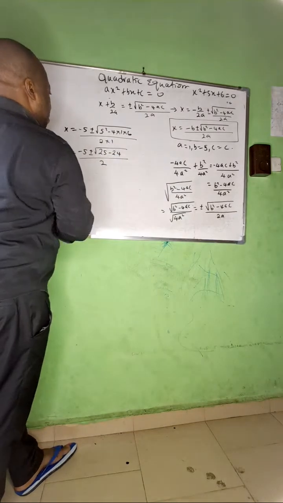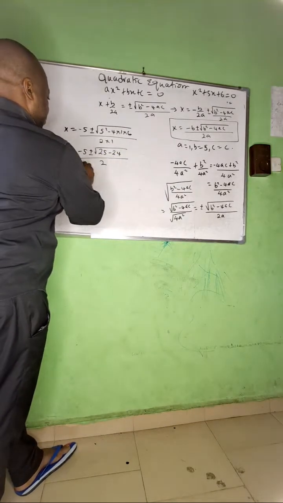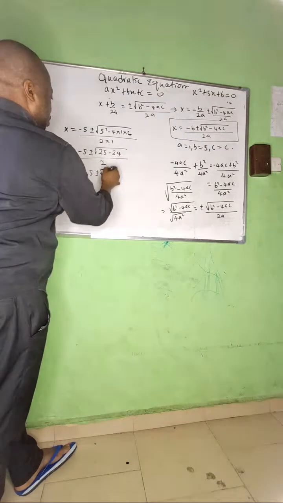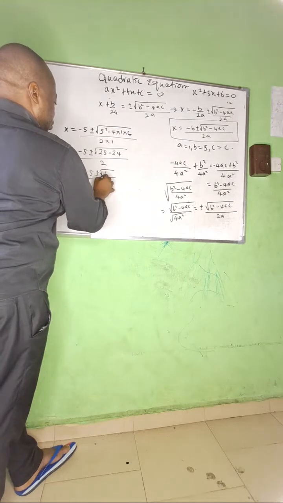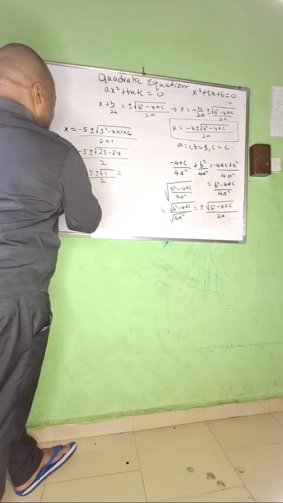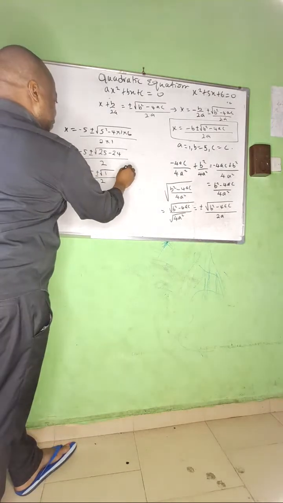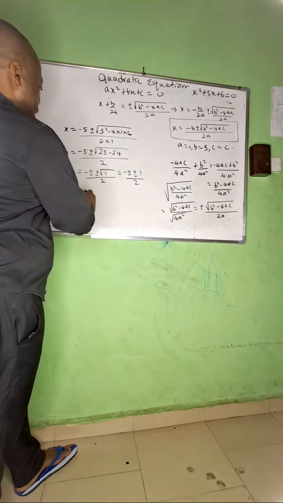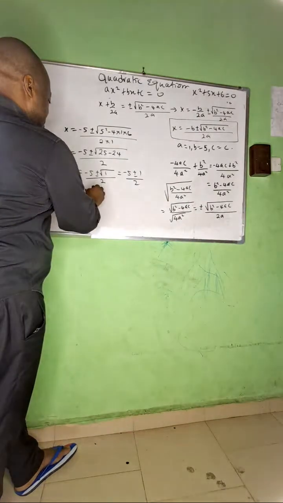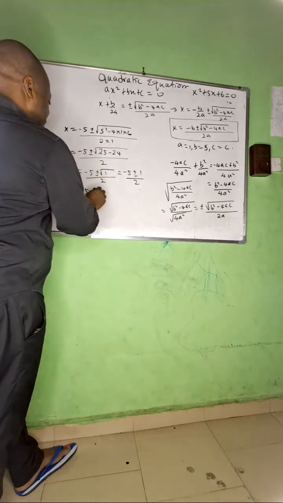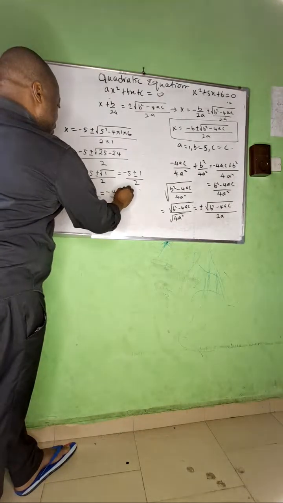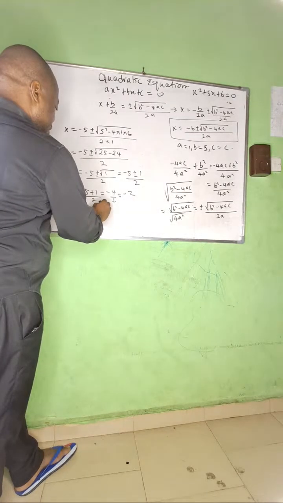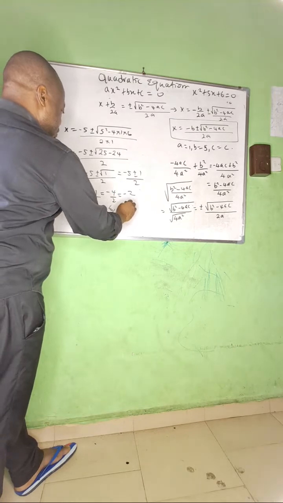So we have negative 5 plus or minus square root of 1, which is 1, all over 2. We do plus first: negative 5 plus 1, negative 4 over 2, negative 2. Then we do minus: negative 5 minus 1 over 2, negative 6 over 2, negative 3.